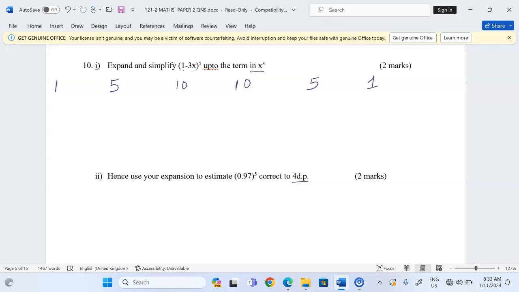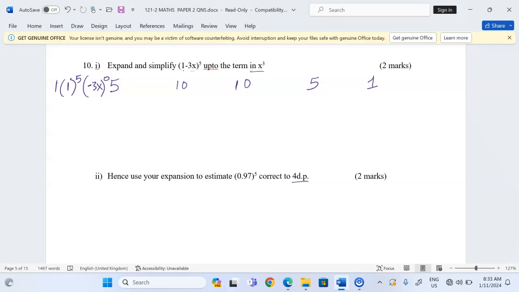The second part, negative 3x, begins from power 0, but in the next terms it will start to rise. So the first 1 is raised to power 5, but negative 3x is raised to power 0.